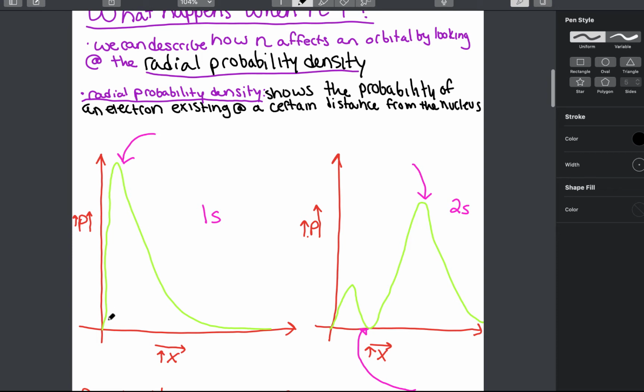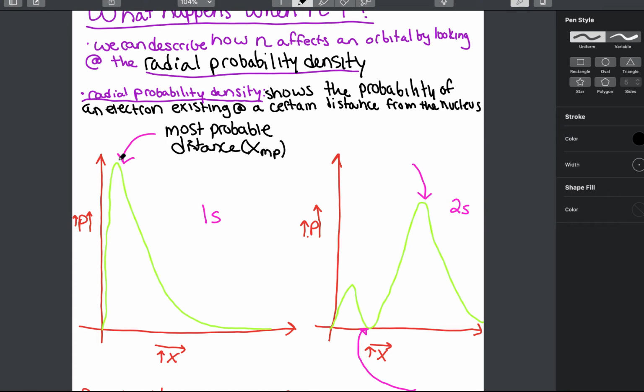So as we can see here, the curve here has a peak. And this peak right here corresponds to the most probable distance. And I'll just use a shorthand notation for this by calling it XMP.